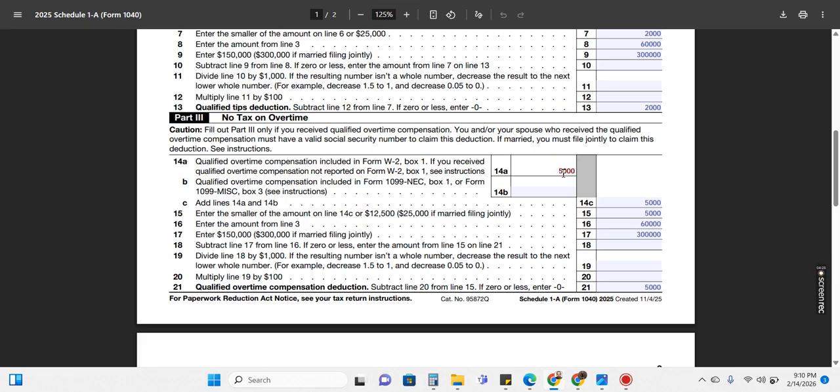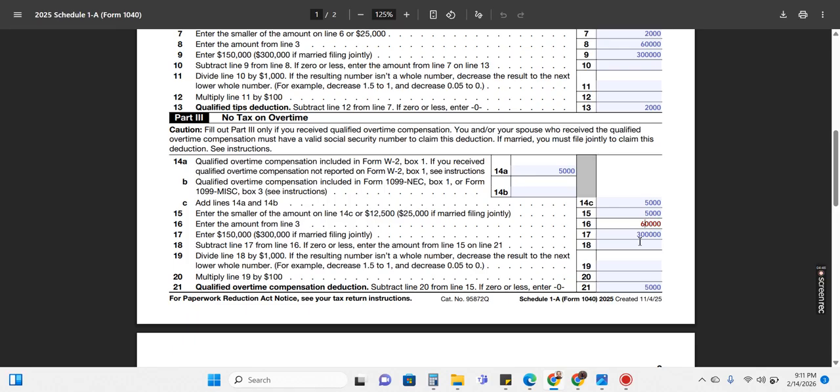Add lines 14A and 14B, 5,000. Enter the smaller of the amount on line 14C or 12. 5,000 is the smaller. Again, you can deduct up to 25,000, not more than that. Enter the amount from line 3. Line 3 amount is 60,000.